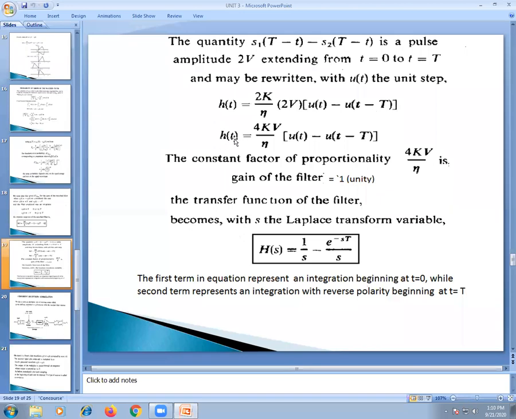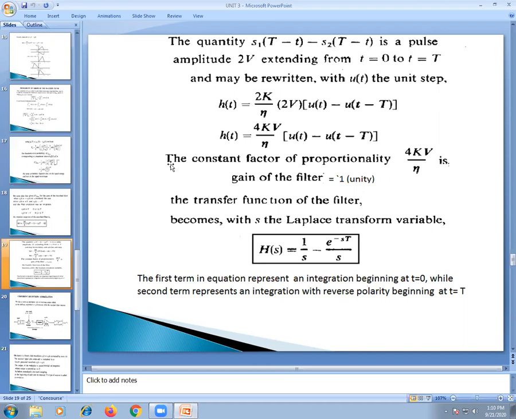Then h(t) is equal to 2k into 2v, that is 4kv by eta, times u(t) minus u(t − T), in brackets. u(t) is the unit step, minus u(t − T), which is the delayed, negative of the unit function, the inverse of the unit function. So this is the function: h(t) is equal to 4kv by eta times u(t) minus u(t − T).